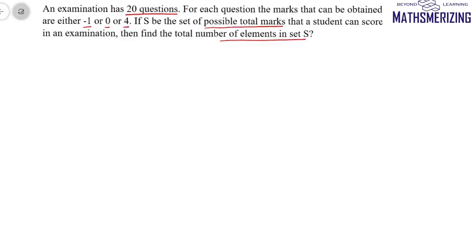One way of solving this question is, for each question we know there are 3 possibilities. Either a student will score -1 or 0 or 4, and we can express it by this simple polynomial: a student will score 0, which is represented by x to the power 0, or -1 or 4.